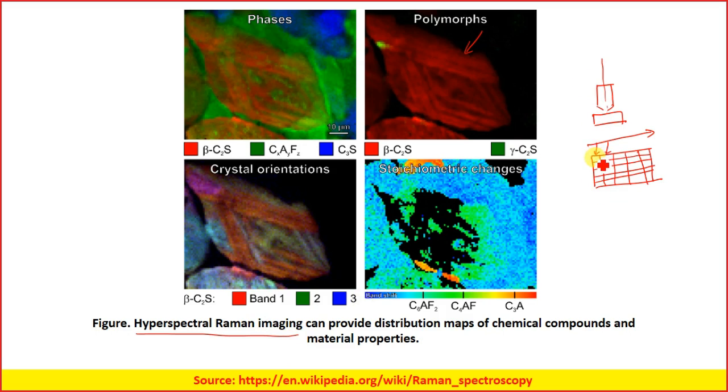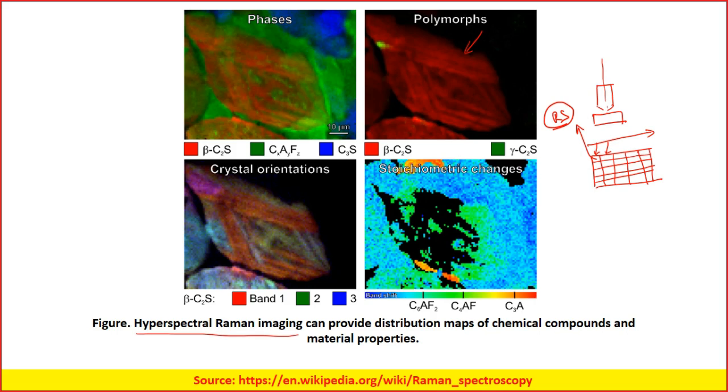For each of these, it will calculate the Raman spectra. Are you getting my point? From the Raman spectra, it will automatically calculate, by applying artificial intelligence or machine learning methods, what phase or what type of material it is, and then give you images like this.